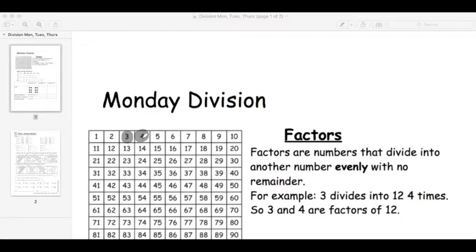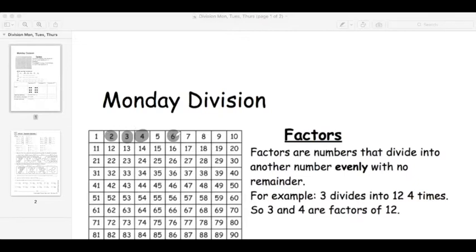Another number that divides in evenly is 2, because 12 is an even number, so that means it can be split in half with no remainder. So 2 times something gives us 12. So whatever this number is also a factor, and I know it's 6. So 2 and 6 are also factors of 12.